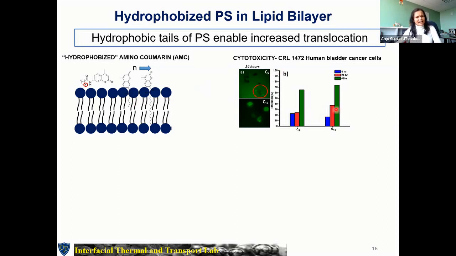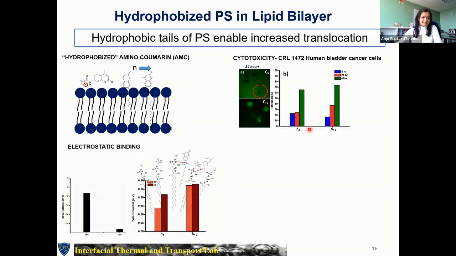And we learned that after 24 hours, because C12 has a longer chain, it inserts deep into the bilayer, it transports deeper. And so the uptake was much higher, and the cytotoxicity reported for C12 was much higher compared to C5, which was a small tail. Because amino is a positively charged molecule, and our liposomes have a slightly negative charge.